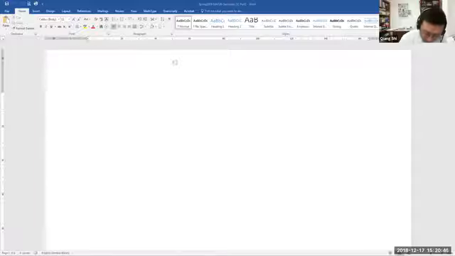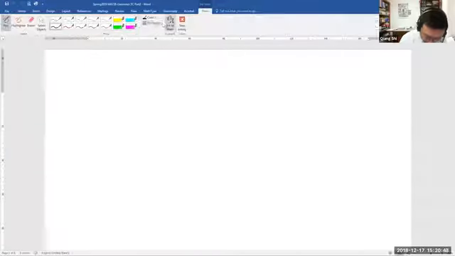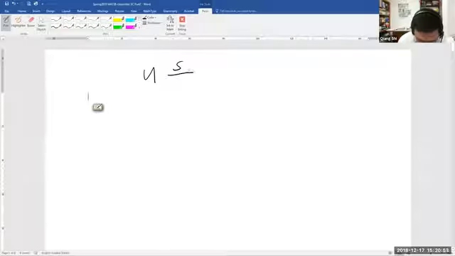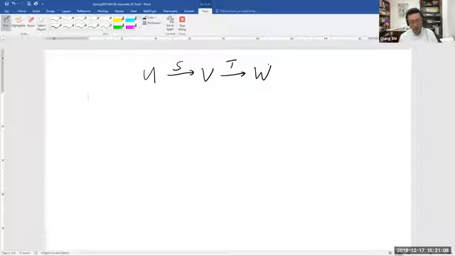Let's introduce three vector spaces, U, V, and W. Consider the linear map T, which takes vectors in V to the vector space W, and another linear map S, which takes vectors in U to V. So T times S is well defined. Remember, T times S is basically the composition T of S.